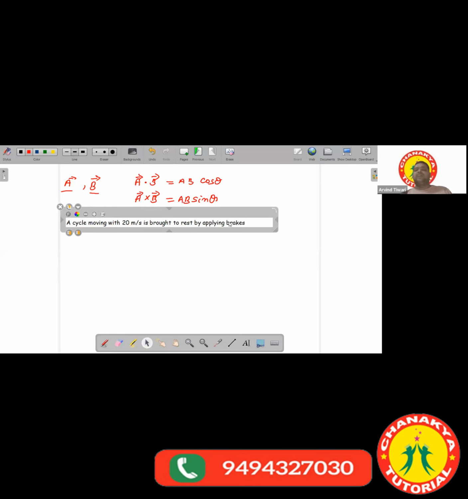Okay. So a cycle moving with 20 meter per second is brought to rest by applying brakes.